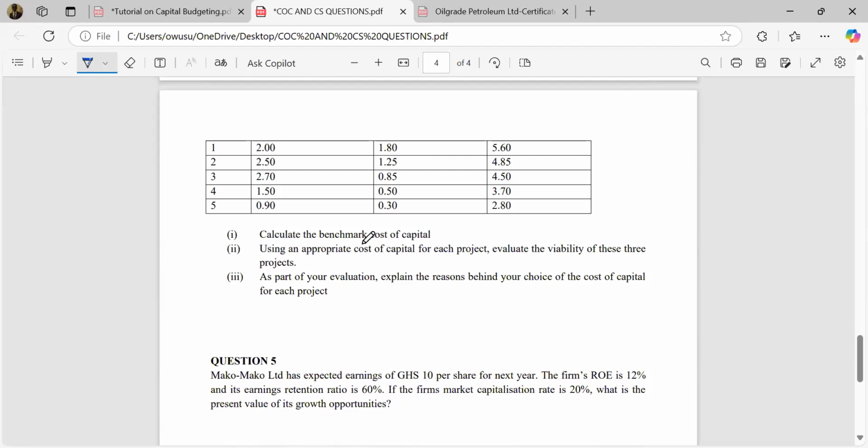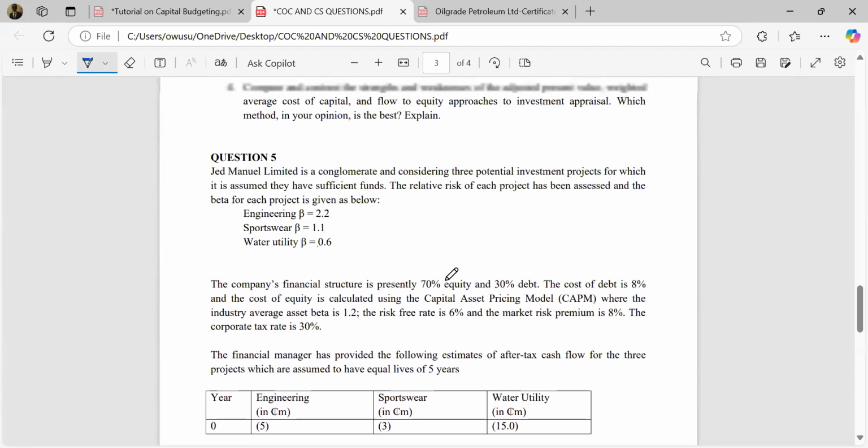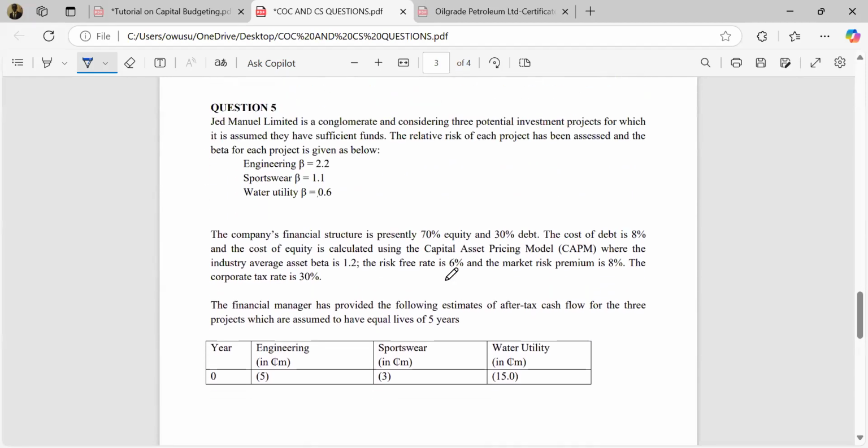Now, calculate the benchmark cost of capital. Using appropriate cost of capital for each project, evaluate the viability of these 3 projects. So let's assume you want to calculate the cost of equity. You see that the information here suggests we should use what? CAPM. In fact, they said it.